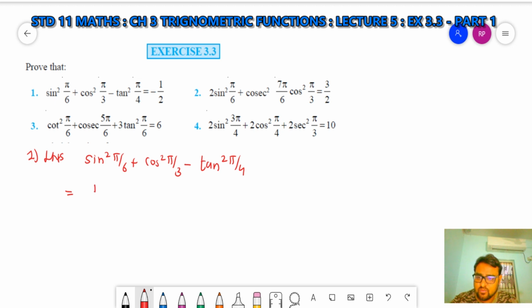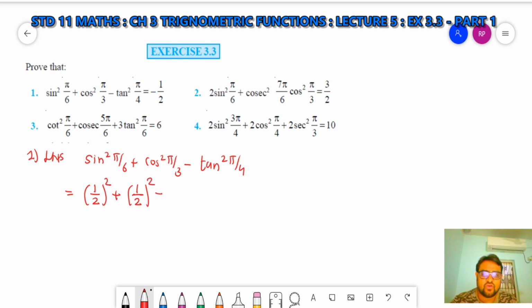So it's 1 by 2 whole square. Here sin pi by 6 that is sin 30, plus cos square pi by 3, that is cos 60 whole square, that is also equal to 1 by 2, minus tan square pi by 4.